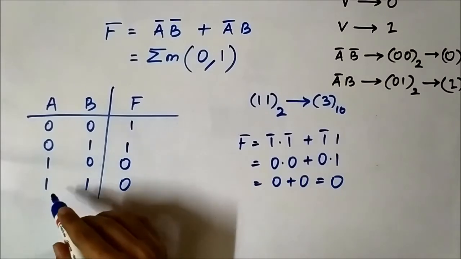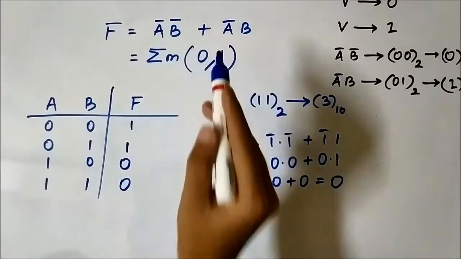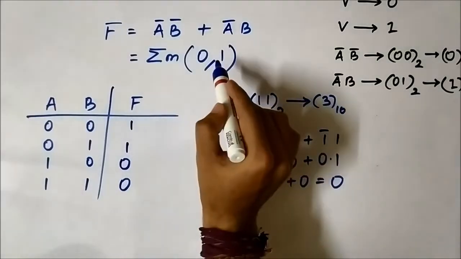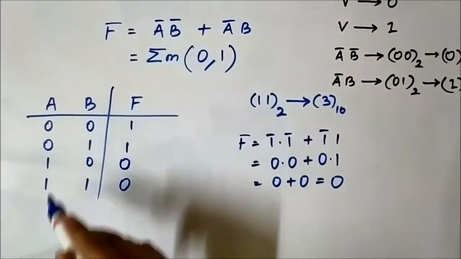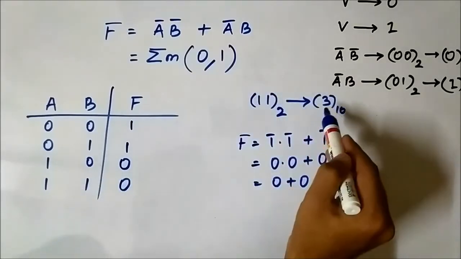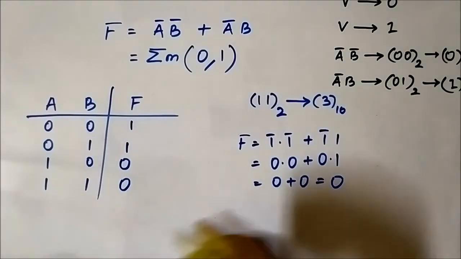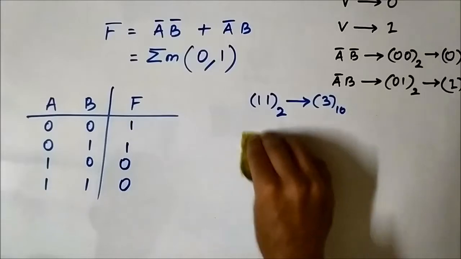Again, for input combination A is 1 and B is 1, the Boolean expression value is 0. So again, you notice that in the min terms, this 1 1 or the decimal value 3, the decimal equivalent, is not present. So from this, what can we conclude?